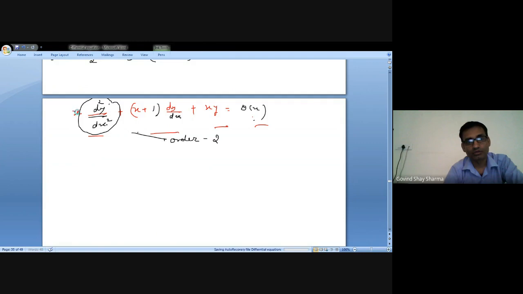Now the coefficient of dy upon dx is x plus 1, and the coefficient of y is given as well. So all the coefficients of the derivatives are variable.